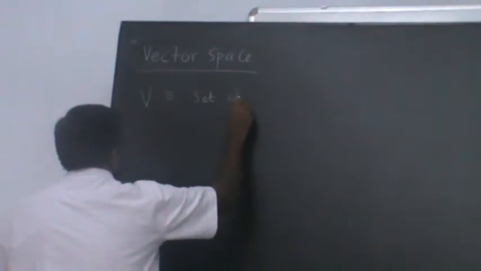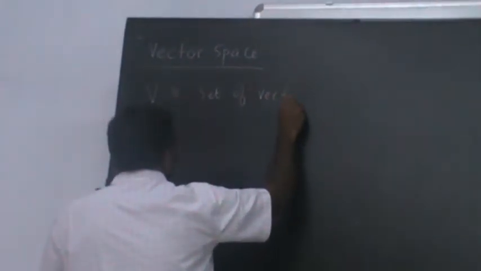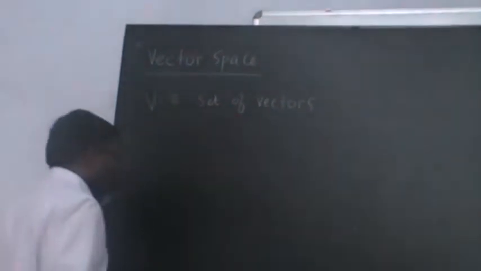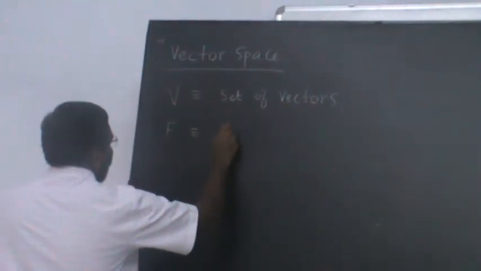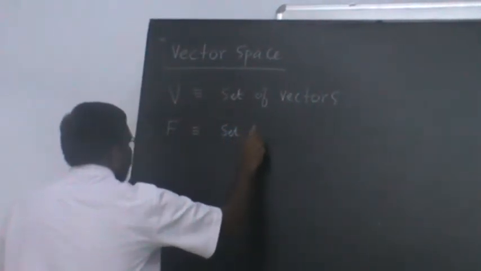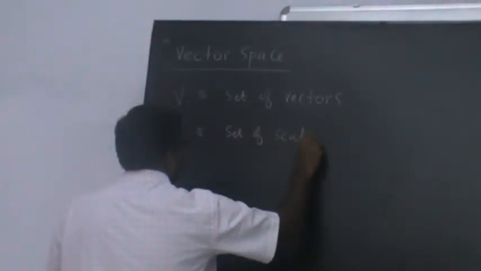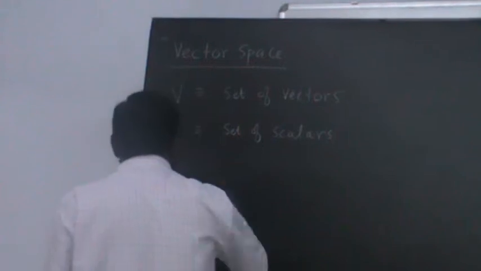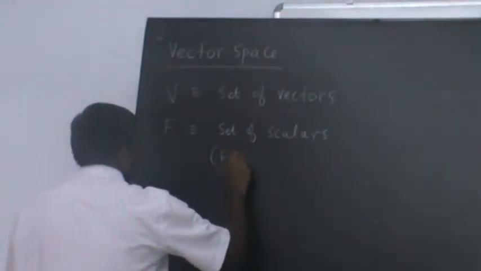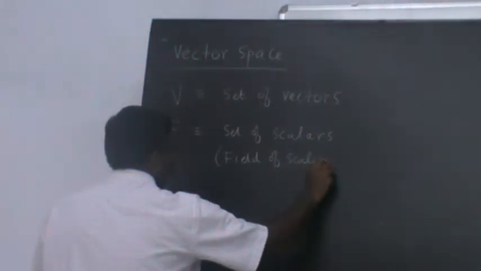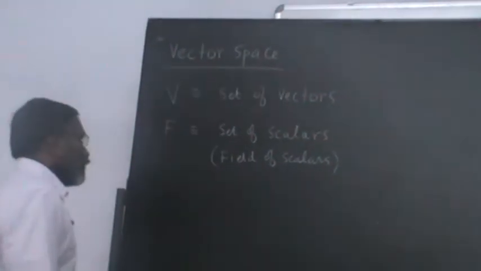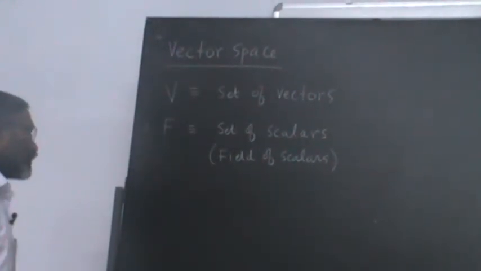We require V, a set of vectors, and then we require a set of scalars. In fact, call this the field of scalars. A field is an algebraic structure, the field of scalars.